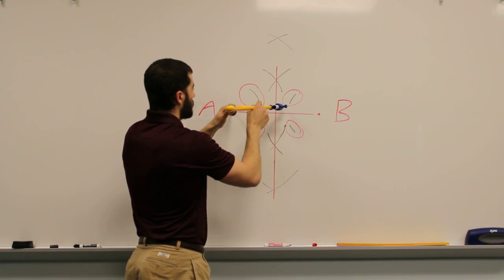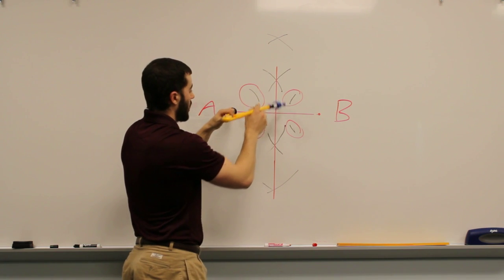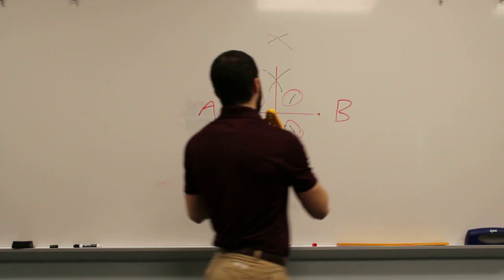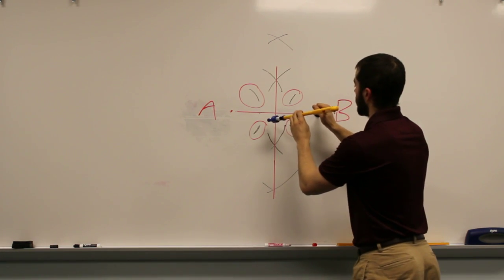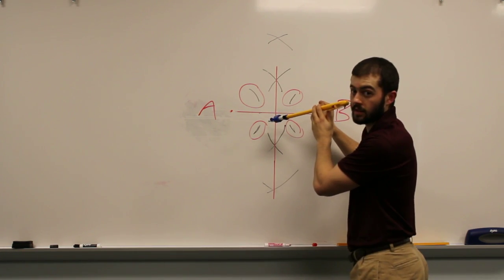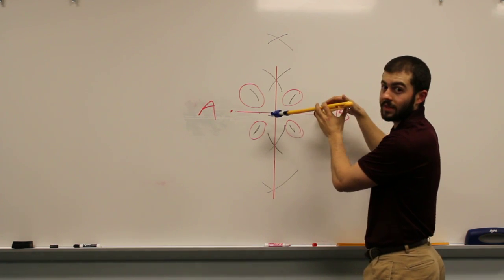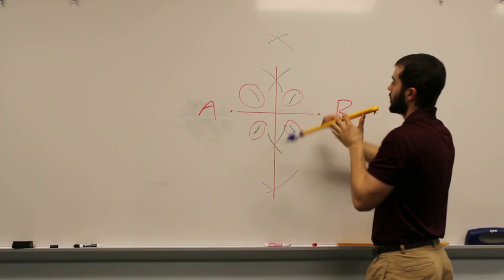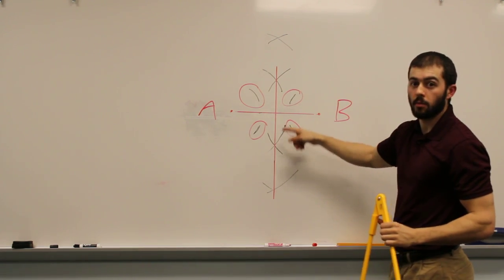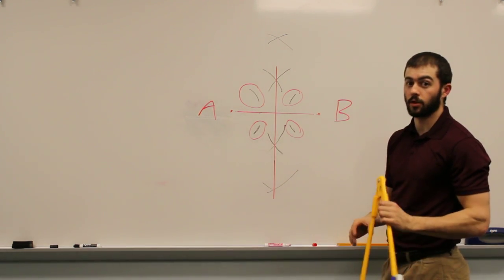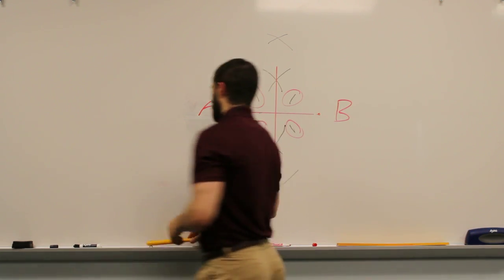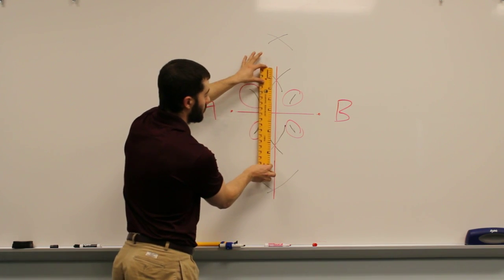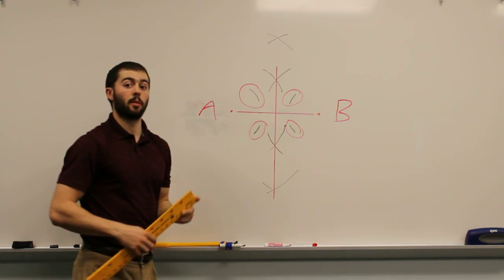From there, you draw an arc above and below the line segment, and then switch your compass so that the fixed point is now at the other end of the line segment, keeping the width of the compass the same, and then draw an arc above and below the line segment. You need these intersecting points because that's where you're going to draw your perpendicular bisector through. Once you get those intersecting points, you connect those two points with a straight edge, and that gives us our perpendicular bisector.